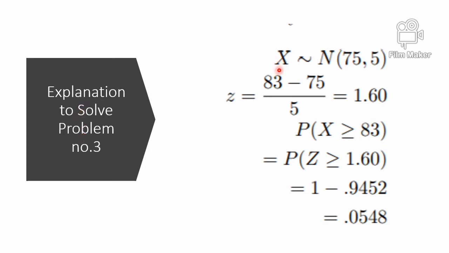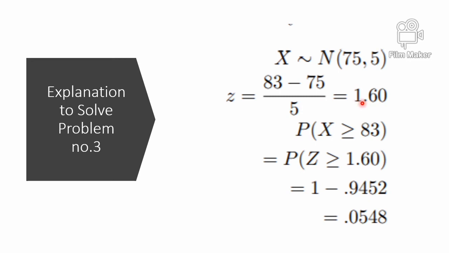We know that this will be the distribution of the average, with a mean of 75 and a standard deviation of 5. So the z-score is 83 minus the probability mean, divided by the standard deviation of 5. So 83 minus 75 divided by 5 is 1.60.